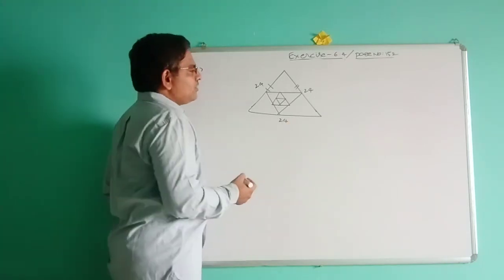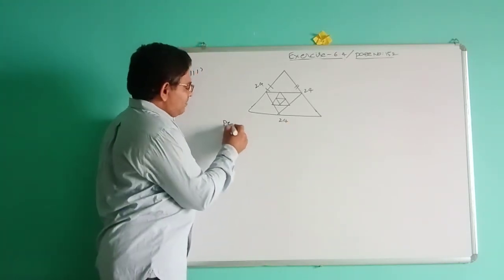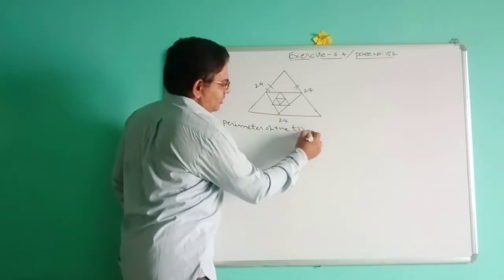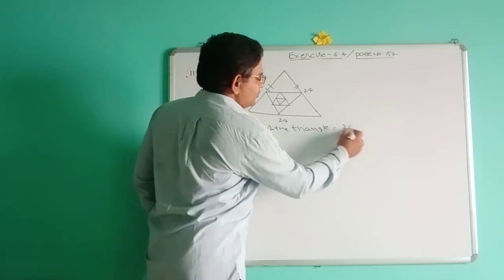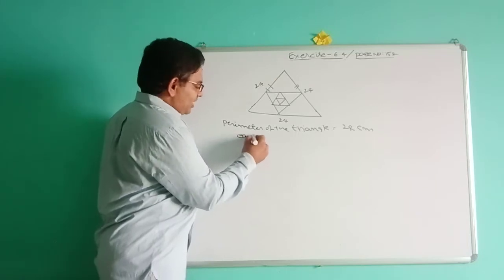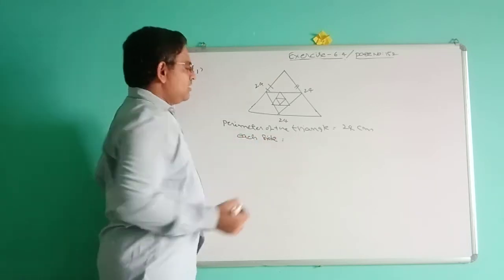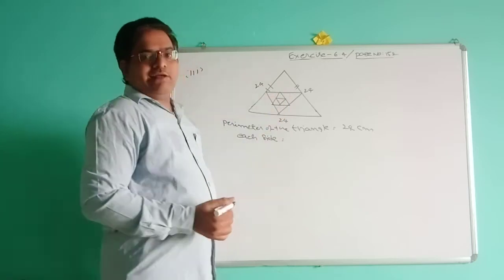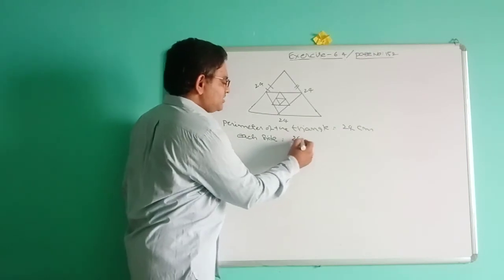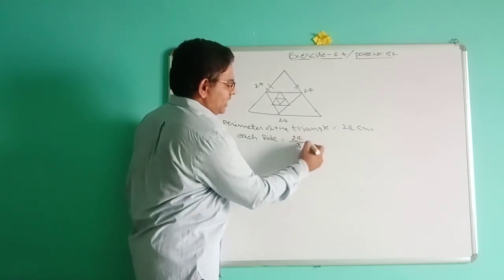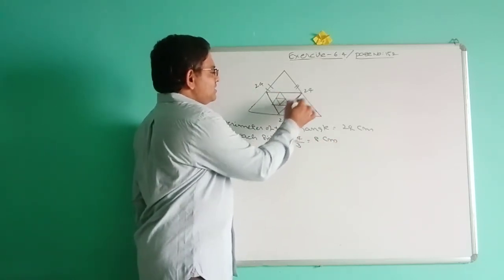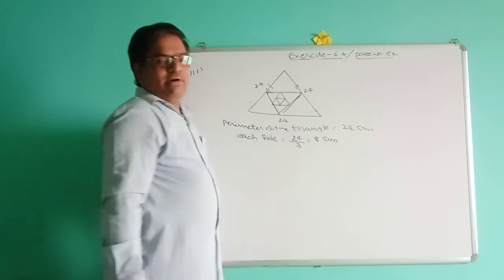According to the question, what is given is the perimeter of the triangle, which equals 24 centimeters. Now find each side. In an equilateral triangle all sides are equal. That's why each side is 24 by 3, which equals 8 centimeters. So each side will be 8 centimeters.